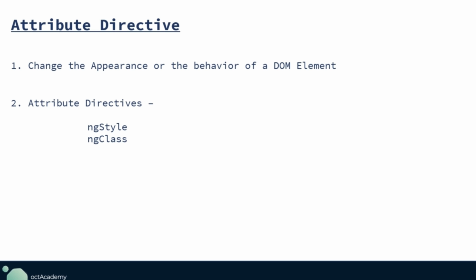If the statement is true, this will add this style to the DOM. If the statement is false, this will remove the styles from the DOM. So simply, this is what we can do with attribute directives. We use these attribute directives like property binding inside square brackets. We are not adding any leading asterisk because this is not a structural directive.